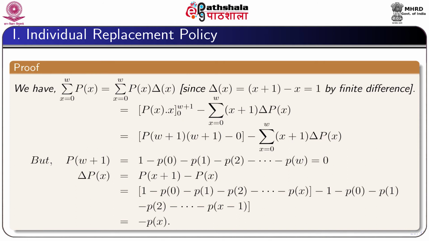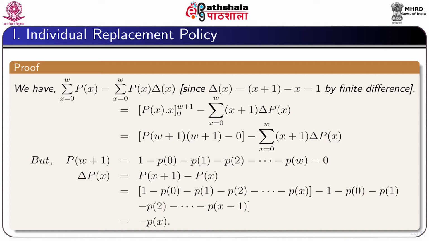We have sigma x equal to 0 to w P x is equal to sigma x equal to 0 to w P x into delta x, since delta x is equal to x plus 1 minus x equal to 1 by finite difference.